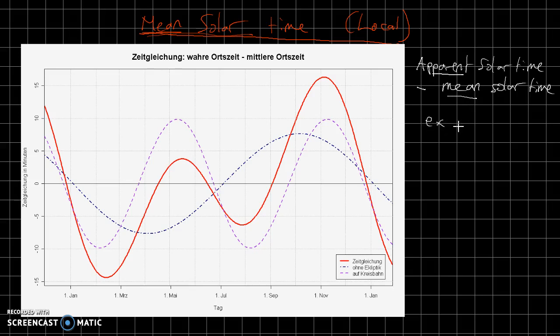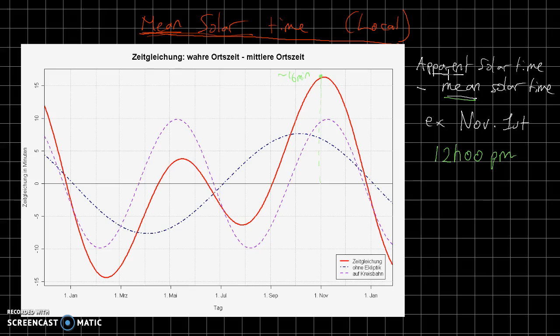So, for example, the date is November 1st. On November 1st, the difference is roughly 16 minutes. So the apparent solar time minus the mean solar time is positive 16 minutes. Let's say it is noon, 12 p.m. according to your mean solar time.